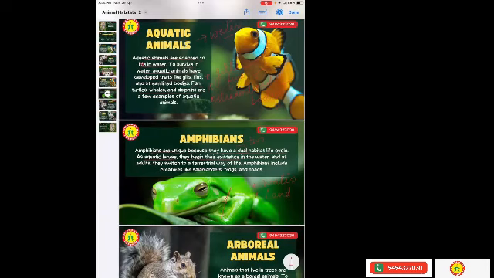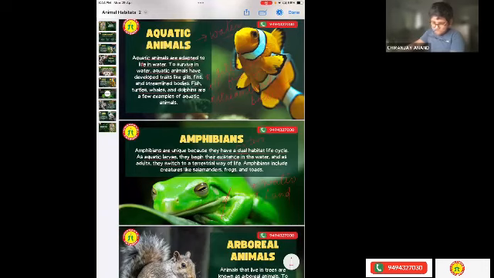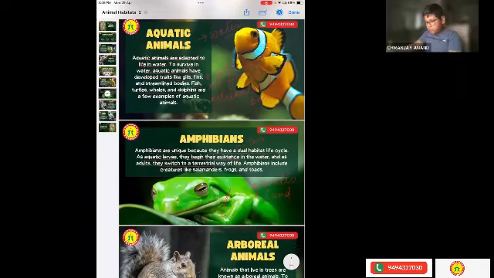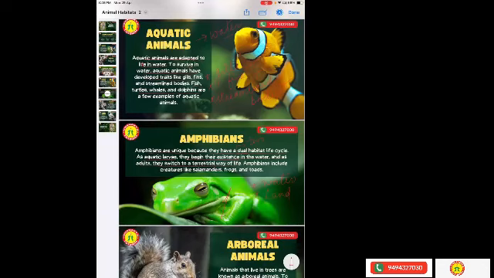And as they become adult, they switch to a terrestrial way of life. They come out of the water and then they start growing there.